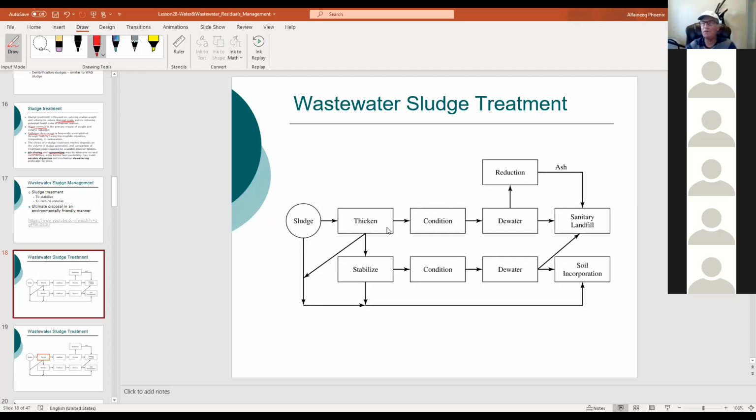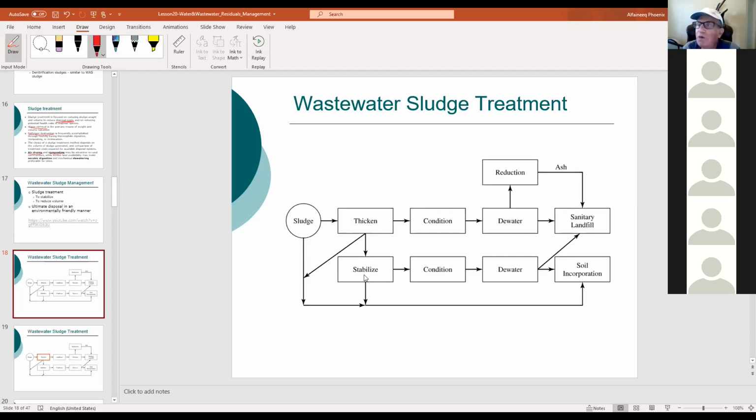They call it flotation, all right? So they come together and form one kind of blanket, so they collect it together, right? Conditioning means add some kind of stuff to it, such as lime or alum, to make it ready for the dewatering process. Okay.